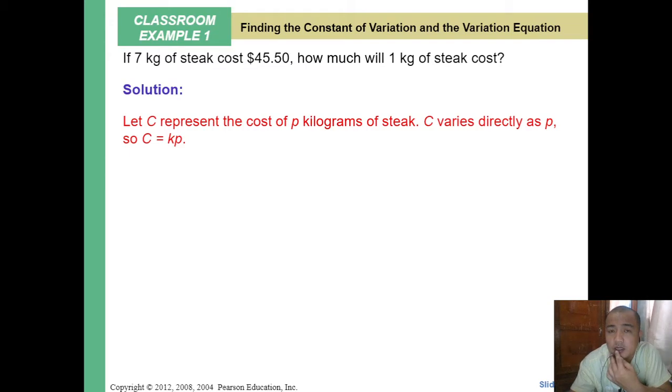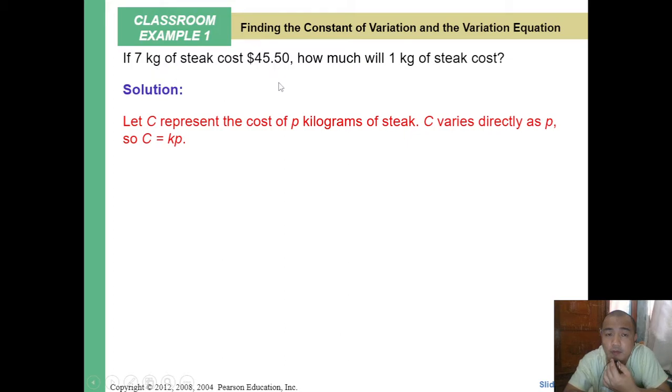C varies directly as p, right? Because as the kilograms increase, the cost will also increase. So it is direct variation, and therefore the equation is C equals kp. Now to solve for the constant of variation, we just divide the cost by the p kilograms.